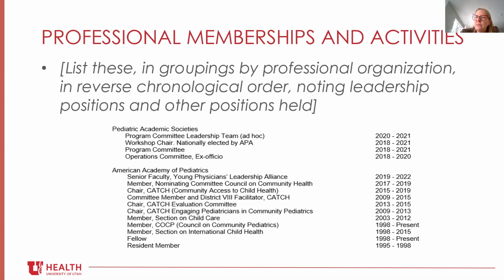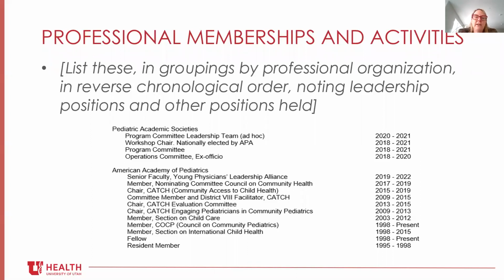So within professional memberships and activities, I have broken mine into different categories by professional organization. The way you're going to see these slides, the top in red is the category from the AAMC template, and then the bullet is the annotation from the AAMC. I've just copied it directly.